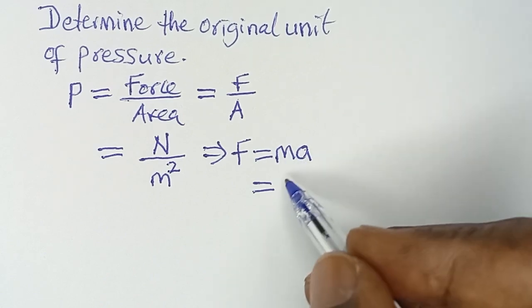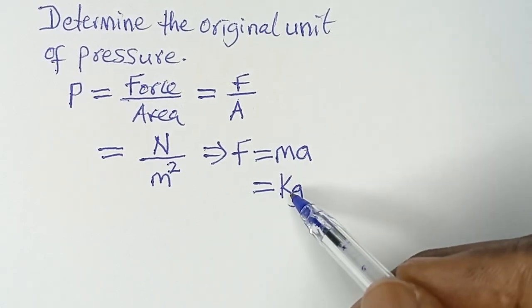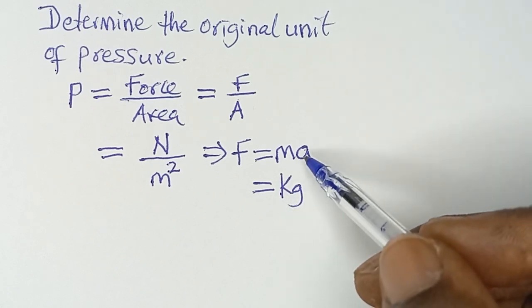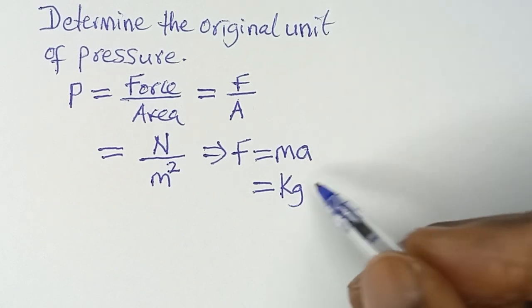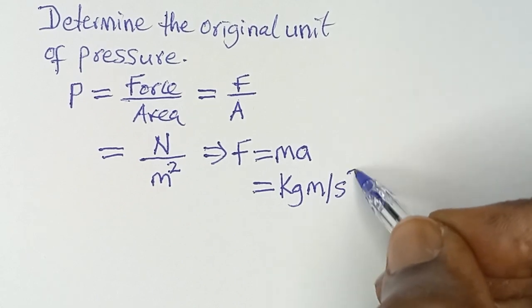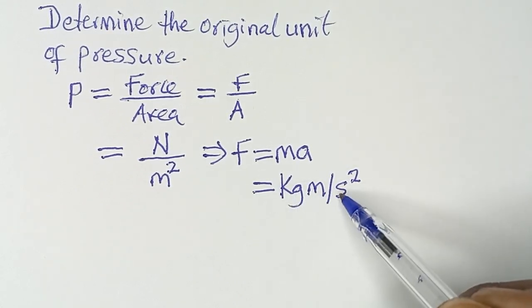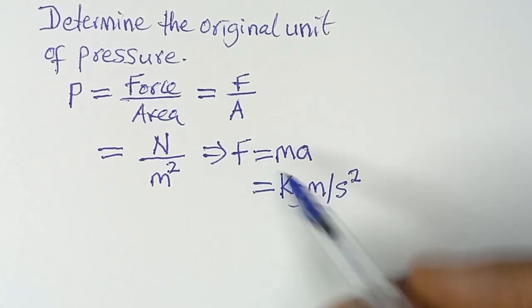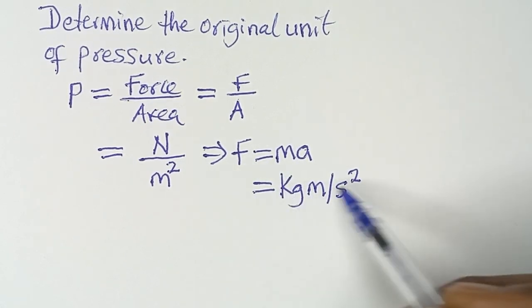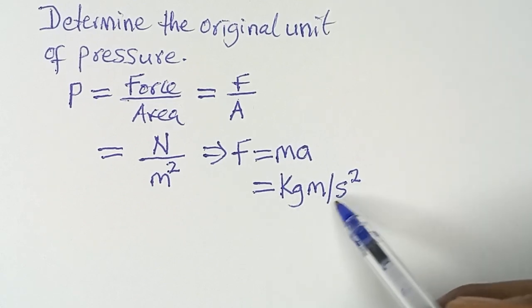So the unit of mass, you agree with me, is kilogram, which is a fundamental unit. And the unit of acceleration is meter per second square. So you can see now this is the original unit of the force. So this is what is called the Newton. So the Newton is kilogram meter per second square.